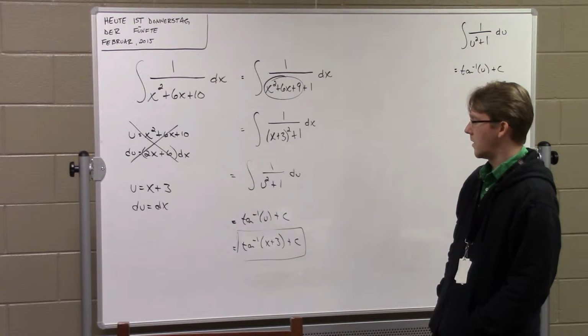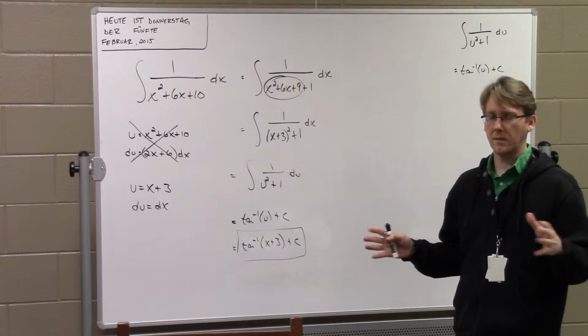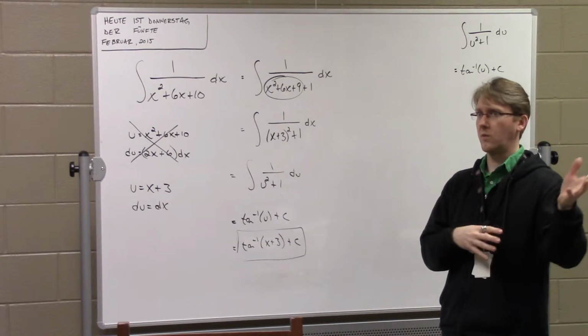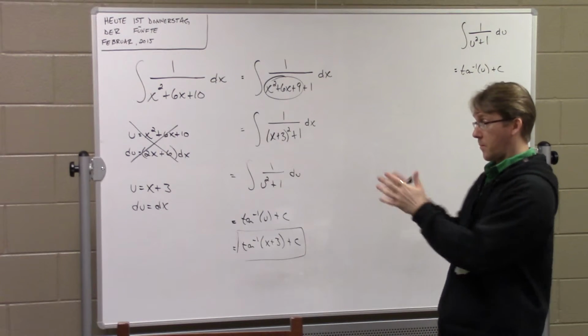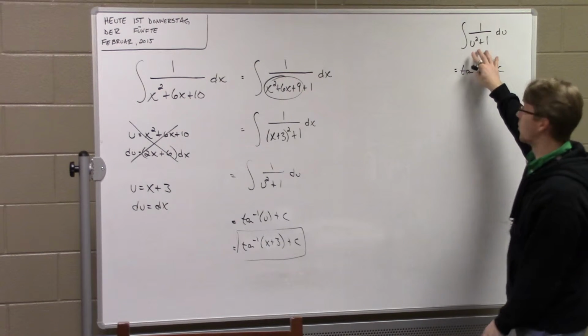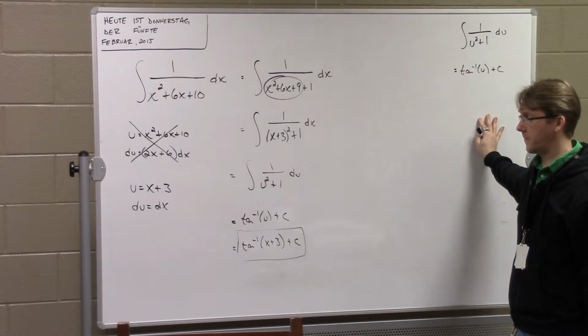U sub, at its core, it's an easy concept. Very, very easy concept. You take the thing that should be a variable and you make it a variable and then you just see what falls from that. In practice, however, getting it to look like one of your old forms can be very, very difficult in AP.